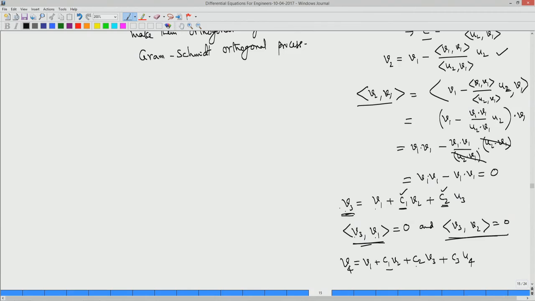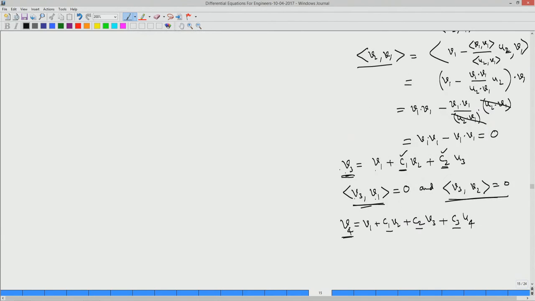You can get C1, C2, C3 because the condition is that V4 has to be orthogonal to V1, V2, V3.